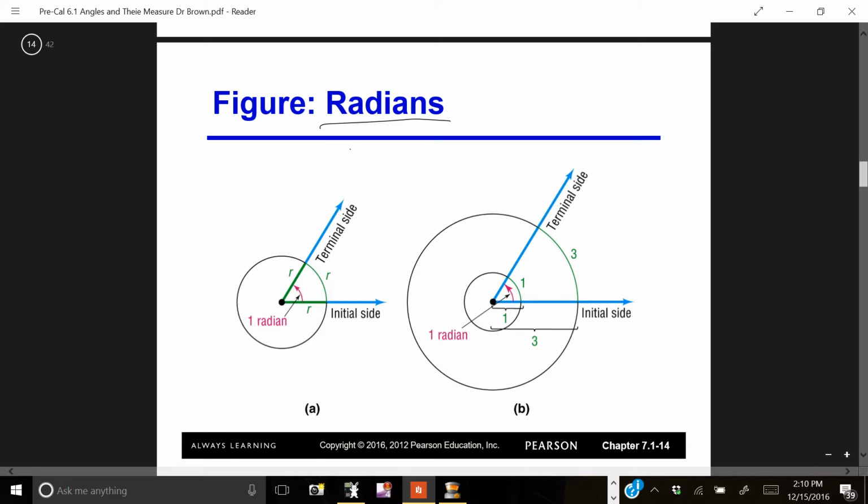Now, to define what a radian is: you have a sector of a circle with radius r, and the angle is such that the arc that it intercepts is also the radius of the circle. And so this is 1 radian.